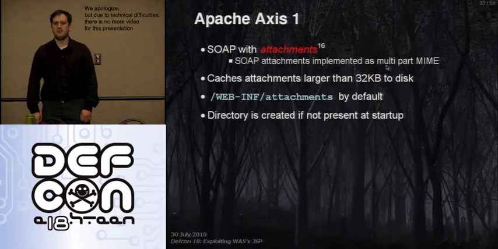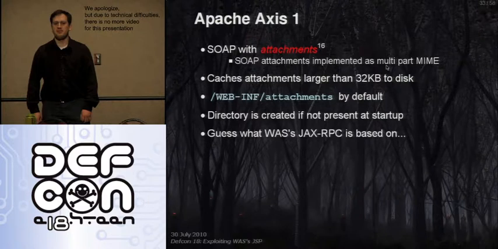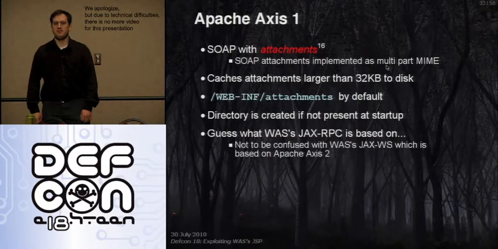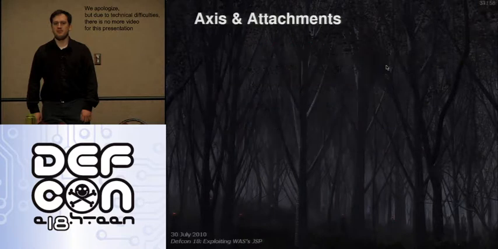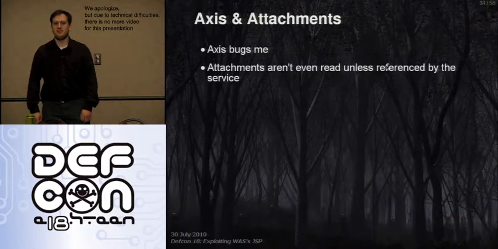So, this directory is created if not present at startup, and guess what WAS's JAX-RPC implementation is based on? But not their JAX-WS implementation, which is of course based on Axis 2 instead. So, Apache Axis actually has some interesting bugs that make this less true than you would think. It's very good at optimizing how it reads in attachments from the network.